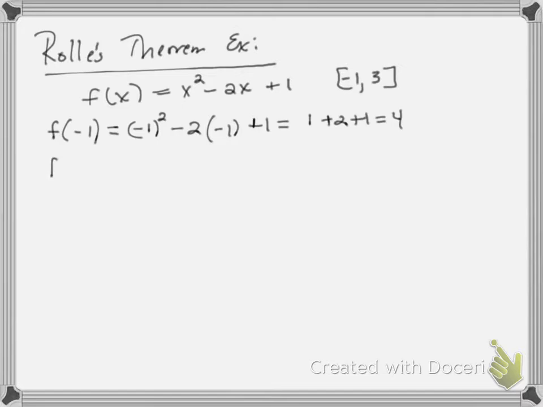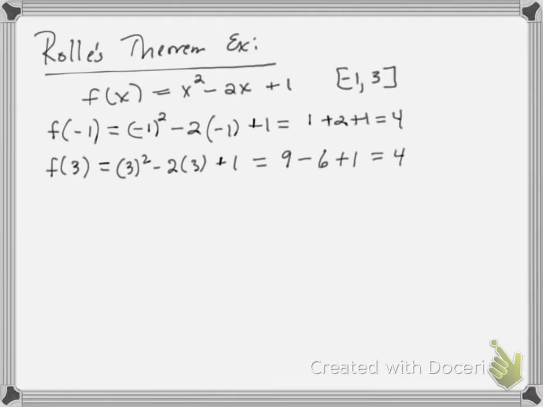All right, then f of 3. If I plug in 3, I get 3 squared minus 2 times 3 plus 1, which is 9 minus 6 plus 1. 9 minus 6 is 3, plus 1 is equal to 4.